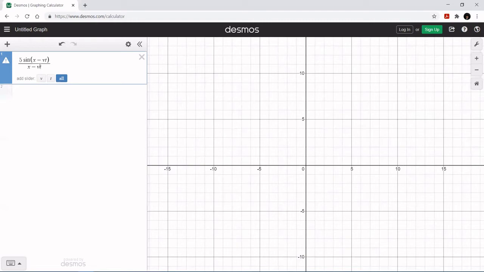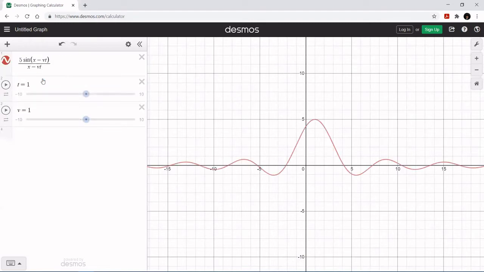So here our f of x is sine of x over x. And we're going to turn that into f of x minus vt. So everywhere there was previously an x, I have replaced it with the quantity x minus vt. And now it's giving me the option to add sliders for both of those variables.